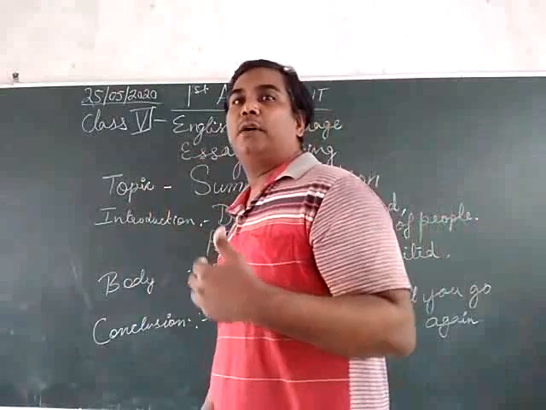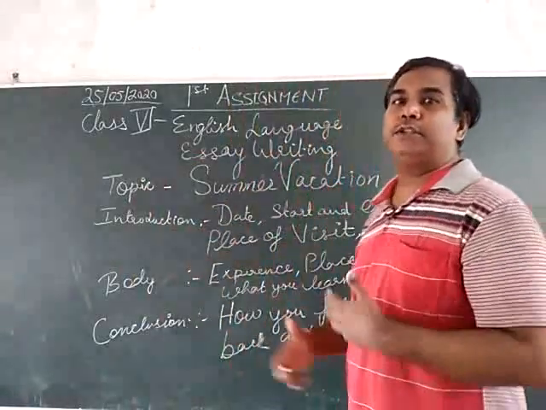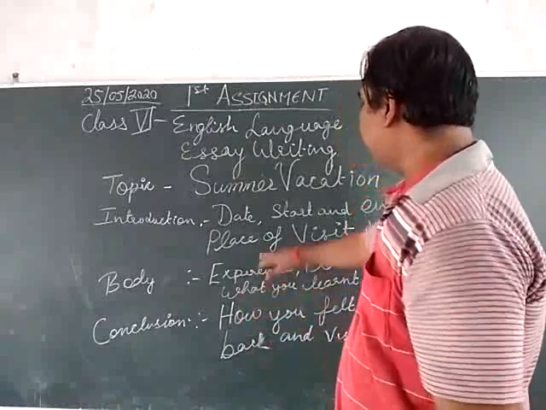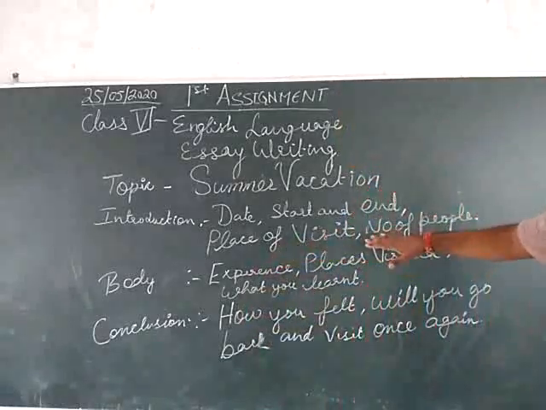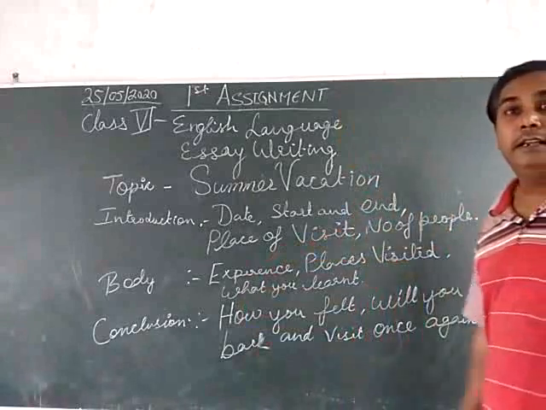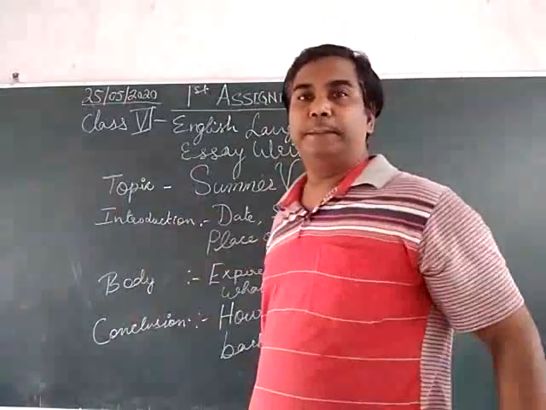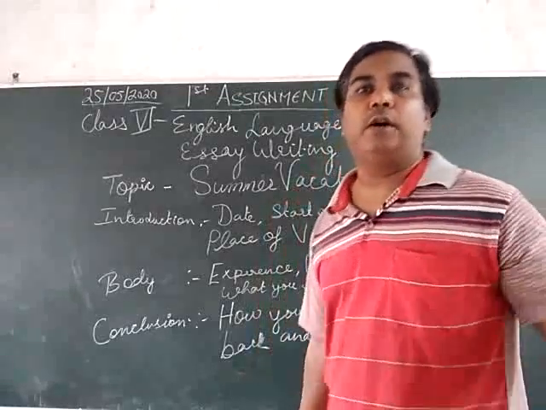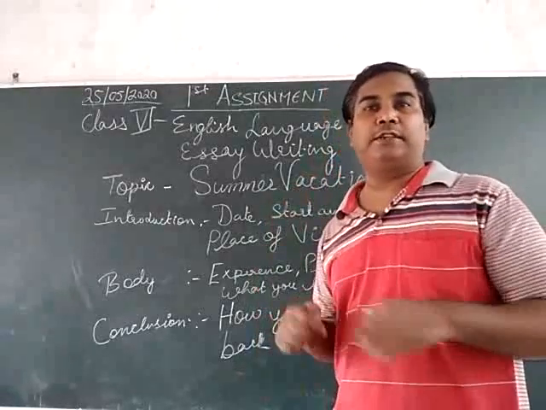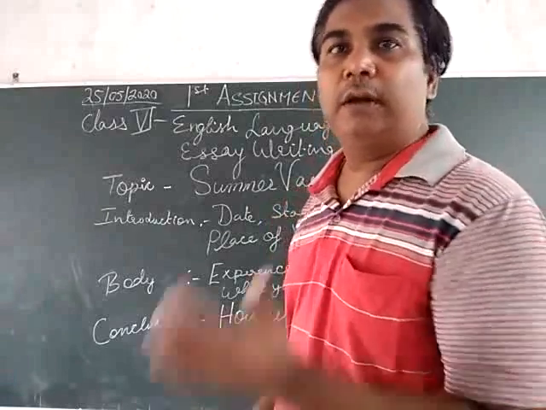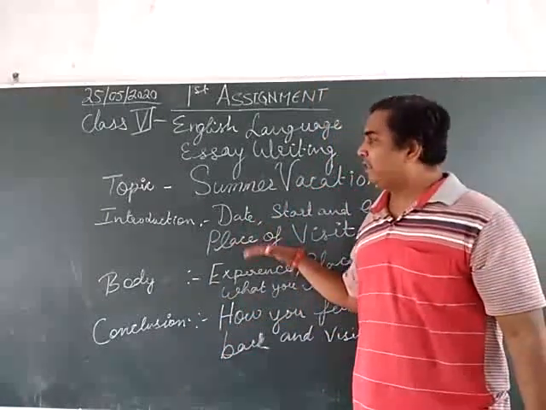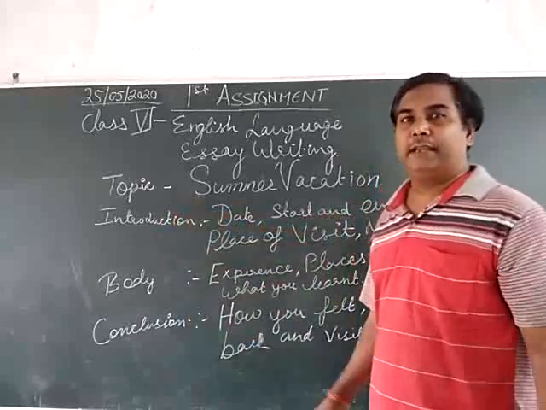So it's a part of where you're going and you're trying to enjoy yourself, gain knowledge, and see new things. So mention the place of your visit during summer vacation and the number of people going along with you. It can be your parents, or you can go with your friends, a group of 6 to 7 people. So you need to mention that in the introduction part of the essay.